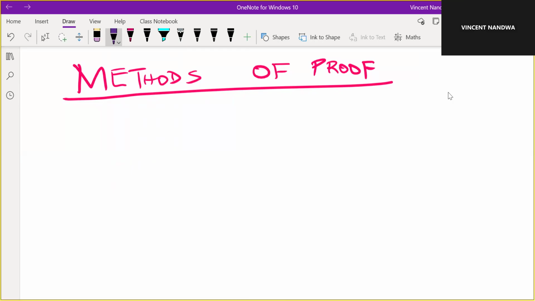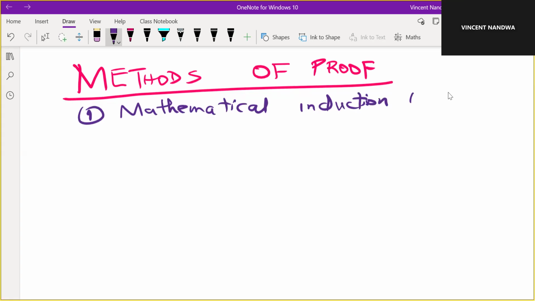Yeah. So we have the following methods of mathematical proofs. So we have what we call mathematical induction. Mathematical induction we can abbreviate by MI, or some people call it principle of mathematical induction.